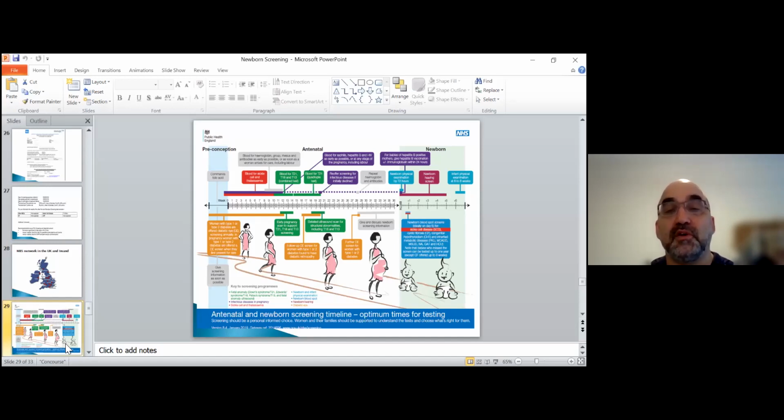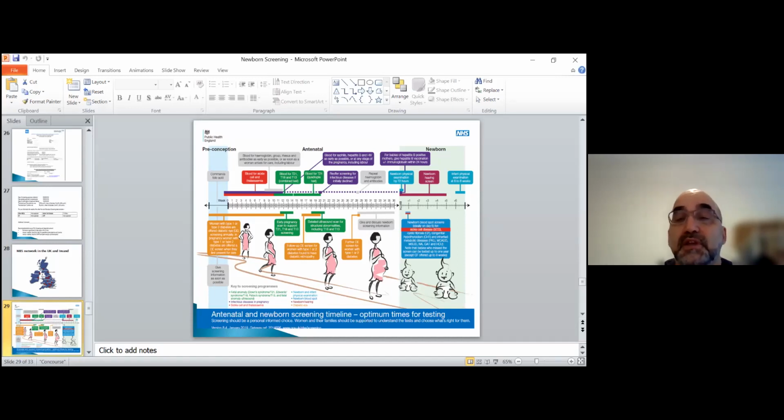Just a reminder that screening is not only newborn screening, and it's not only blood spot screening. Screening starts from antenatal screening in the UK and in many other countries. If there is any inherited condition, it can be detected, including deformities of the fetus, and tests for Down syndrome, for example, are done antenatally, even before the baby is born. When the baby is born, in addition to the blood spot, there are hearing tests and other physical examinations.